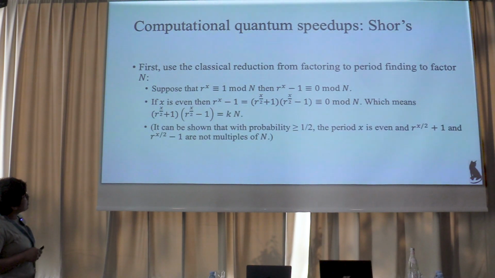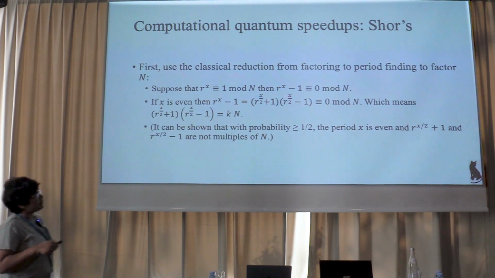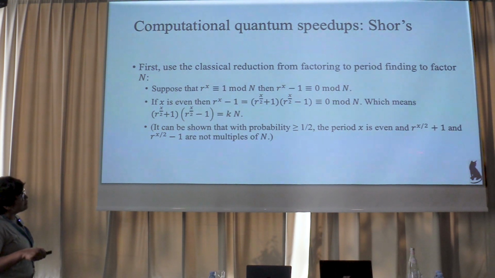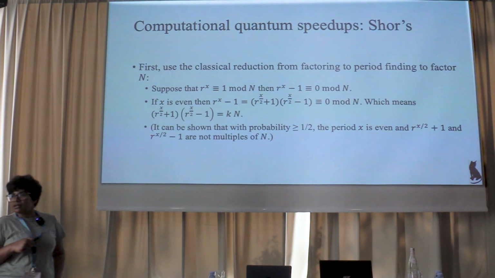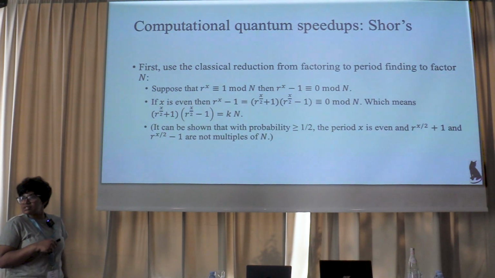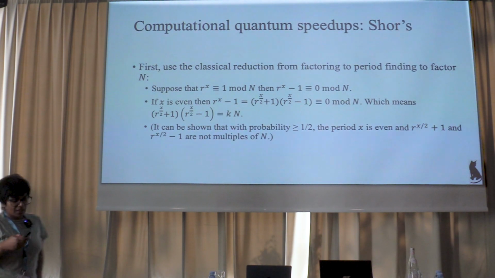So yeah, in fact, with probability greater than half, if you just randomize this process and randomly pick this r, you will find that it satisfies this. So all that remains for us to factor n is to find this r and this x. And this x here is called the period, and we want to find this period for r such that it satisfies this condition, okay?